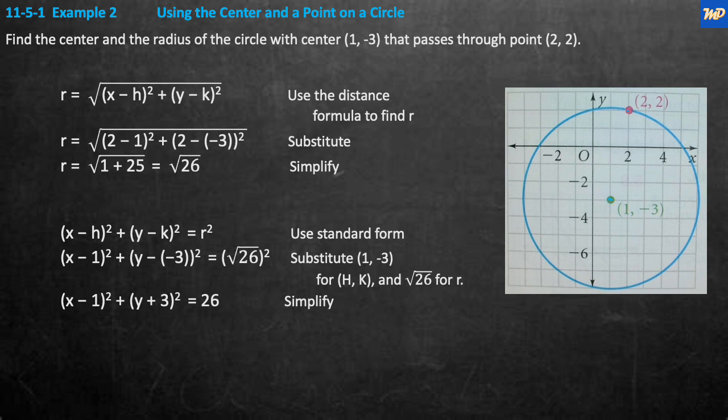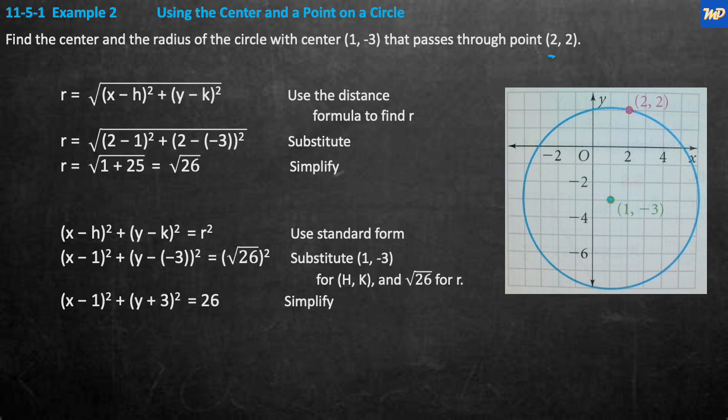Okay, so when we substitute in, we're going to rewrite it as r, the radius, is equal to the square root of the quantity 2. 2 is the x point on the circle. The x and y is on the circle. Minus 1, the h value, which is 1.